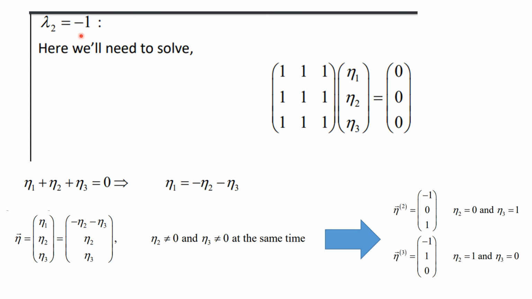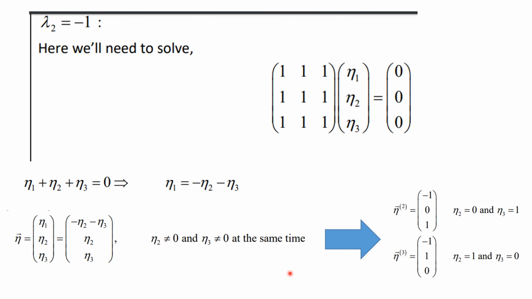Now for the next eigenvalue, -1, you need to solve this, and you see what's going to happen here. You're going to have the sum of the three is equal to 0, and that means that a_1 is equal to minus a_2 minus a_3. And so when we put that into our form, we get this. And you remember that we can't have 0, so a_2 and a_3 cannot be 0 at the same time, or else that would give you 0.